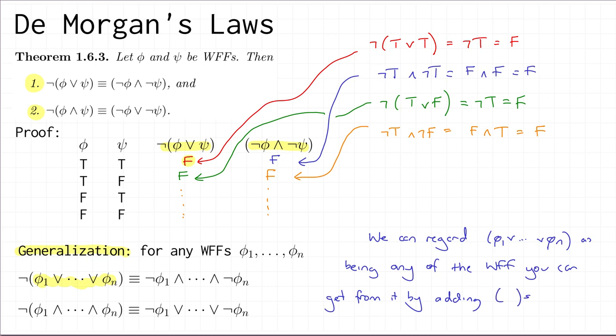And it doesn't matter which one, because by the associativity property for or, they're all logically equivalent. So they all have the same truth value under any truth assignment.